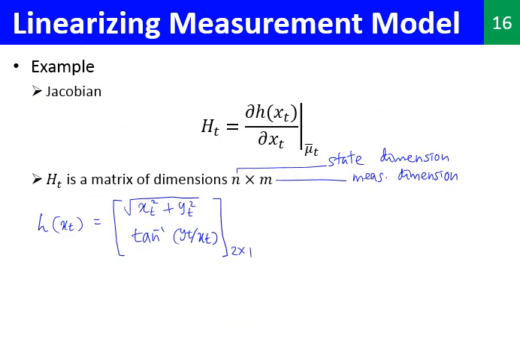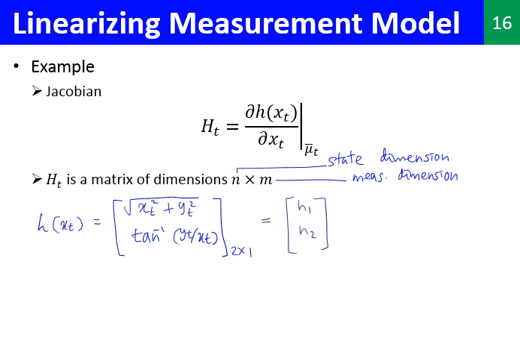Next we need to find the Jacobian. Again we have a function vector h and a state vector, so the Jacobian would become an n by m matrix, where n is the state dimension and m is the measurement dimension. Let's take the function vector as h1 and h2.